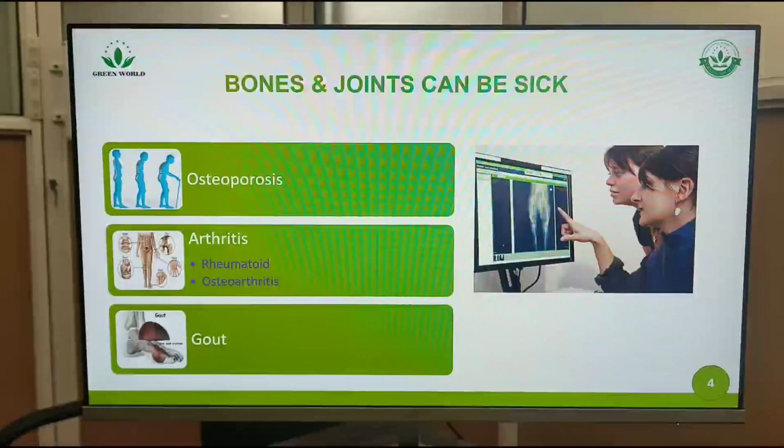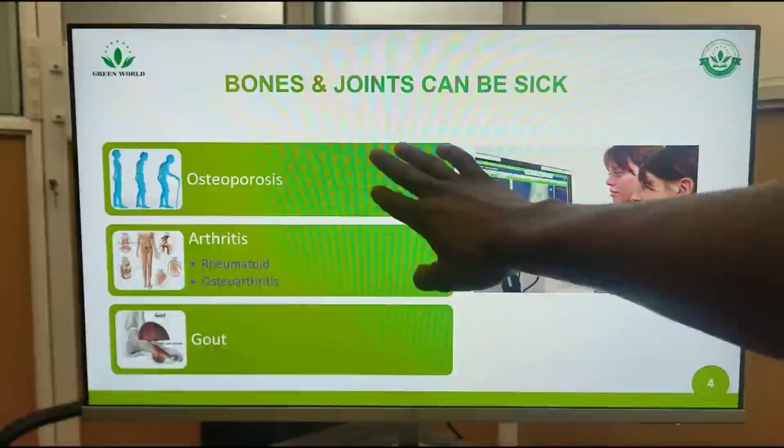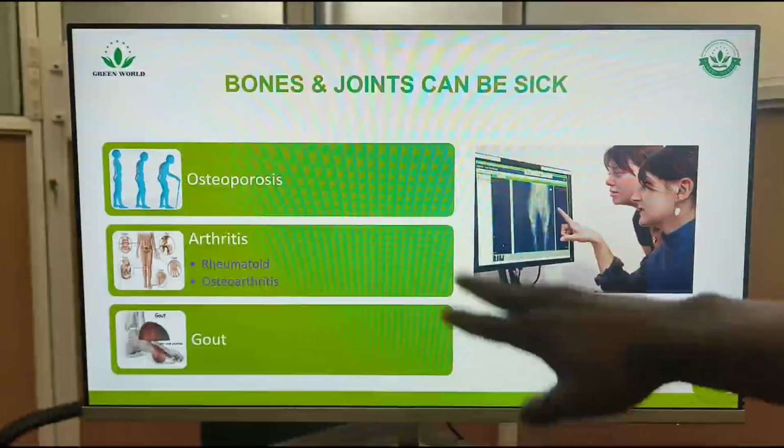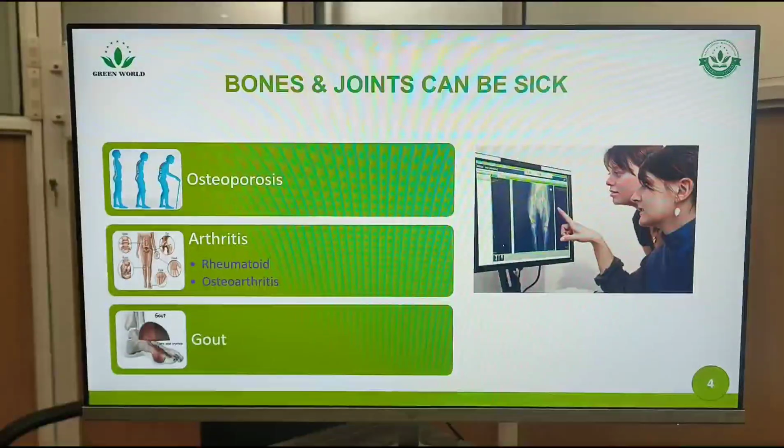So in today's session, we are going to talk about 3 types of bone and joint diseases, and they are osteoporosis, so we are going to discuss more about osteoporosis to understand it better. Then we are going to talk about arthritis, the two types of arthritis, that is rheumatoid arthritis and osteoarthritis. Then we are also going to talk about gout.